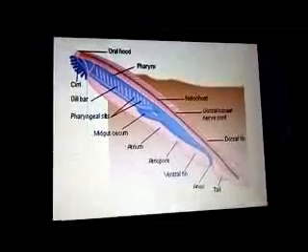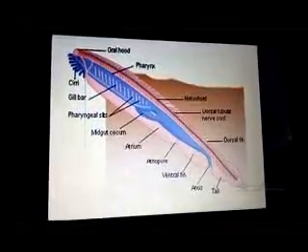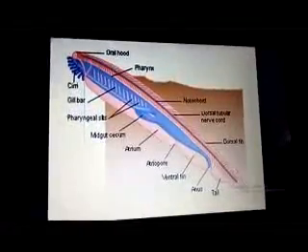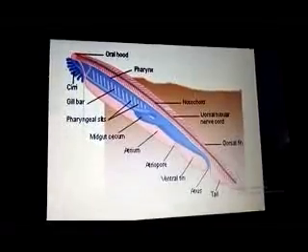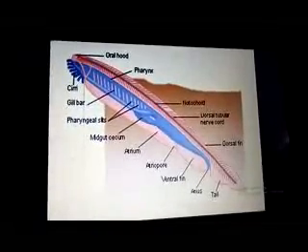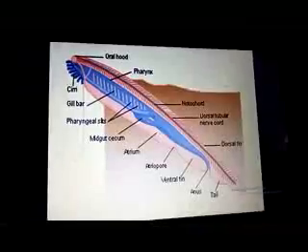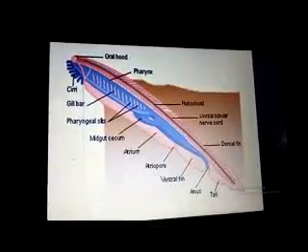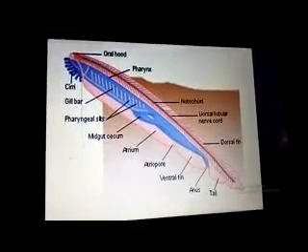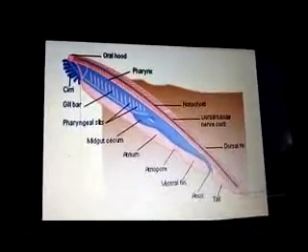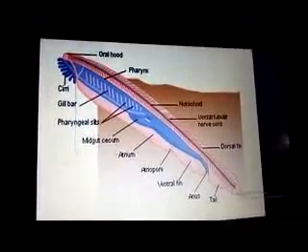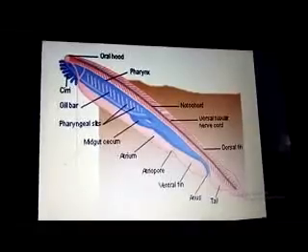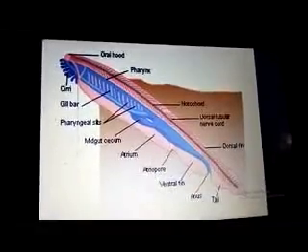Here is the diagram of a lancelet. Here we can see the oral hood, cirri, pharynx, and gill slits in the pharynx, which are supported by the gill bars. On the dorsal side, in blue color, we can see the dorsal hollow nerve cord.